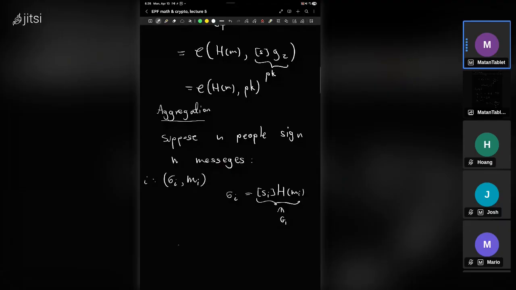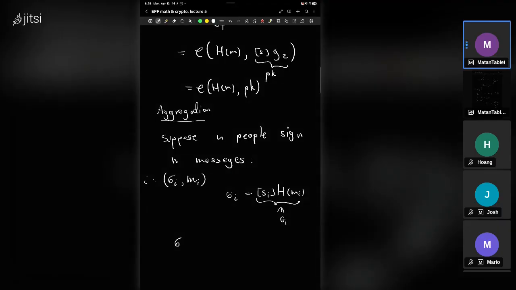Okay, so now I'm a verifier, and I get all the signatures, and I define the aggregated signature to be simply the sum of all these signatures. They live in G1, and I have a sum in G1, so I simply take the sum. Explicitly, it's the sum of s i times H of m i, where i runs from 1 to n.